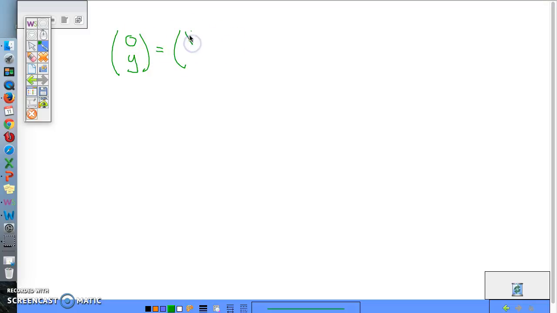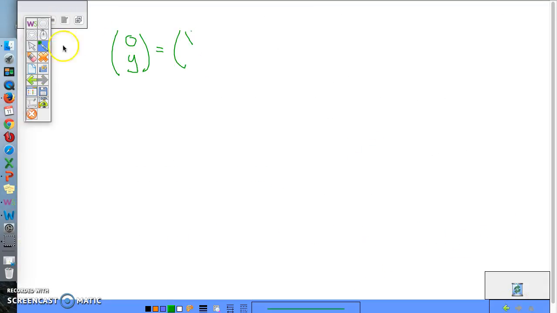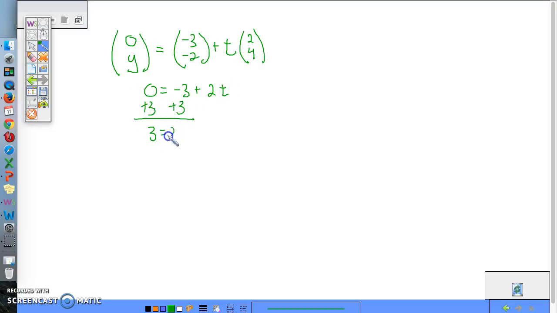So we have x, y equals -3, 2 plus t times 2, 4. We have two variables, but we can find when 0 equals -3 plus 2t. So 3 equals 2t, and at t equals 3 over 2, or I would probably say 1.5 seconds.